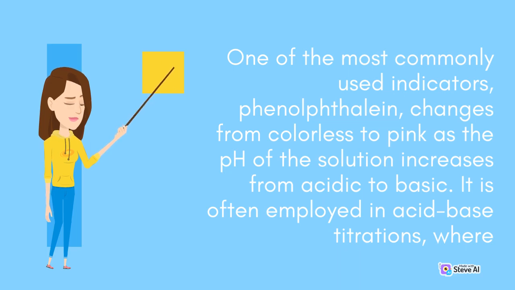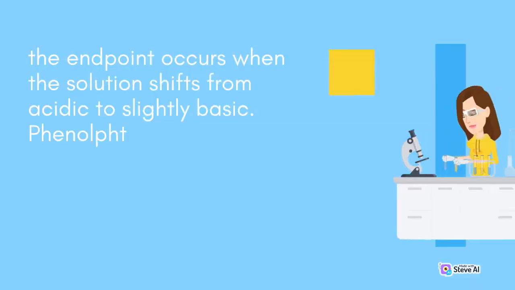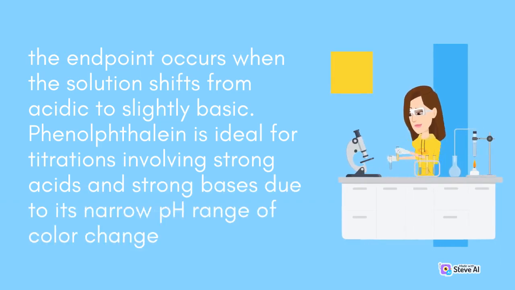It is often employed in acid-base titrations, where the endpoint occurs when the solution shifts from acidic to slightly basic. Phenolphthalein is ideal for titrations involving strong acids and strong bases due to its narrow pH range of color change.